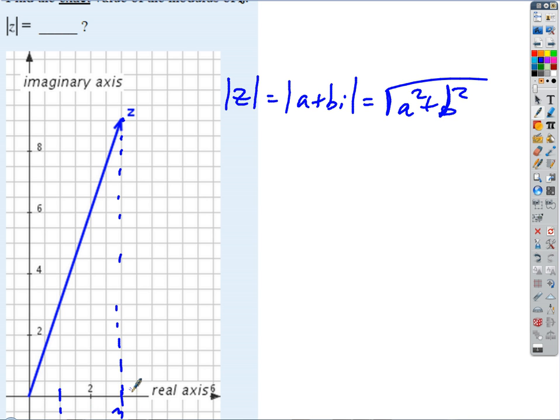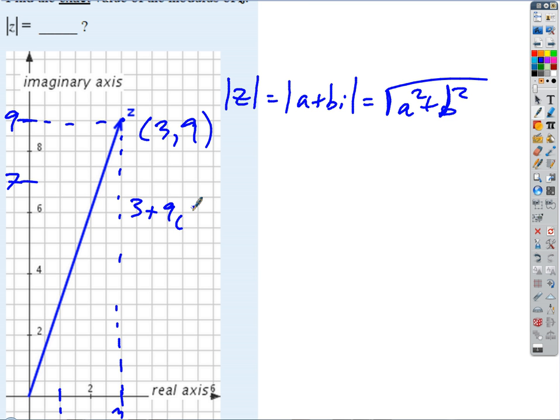So it's at 3. The x coordinate, or a coordinate, is 3. And then over here, it looks like it's at 9, isn't it? Everybody see that? There's 8, there's 9, there's 7, right? So it's at 3, 9. And so the complex number would be 3 plus 9i.